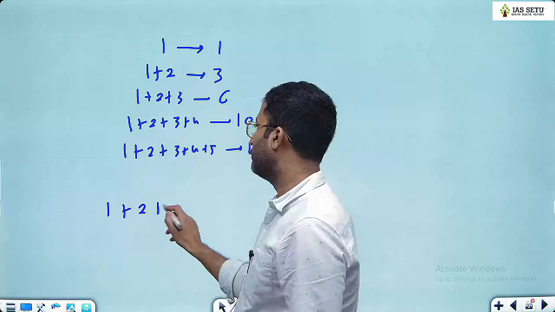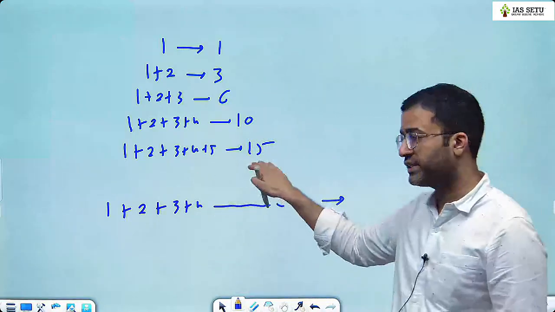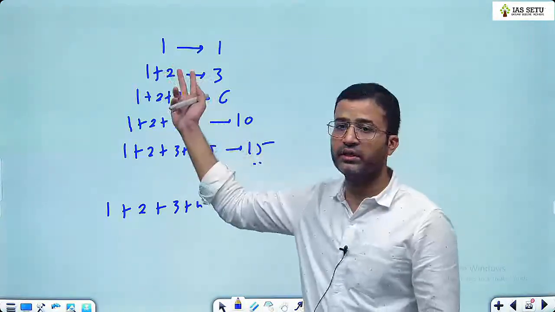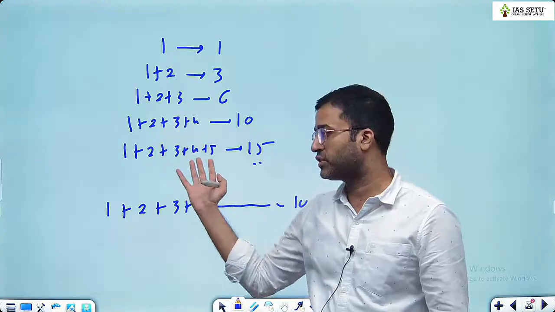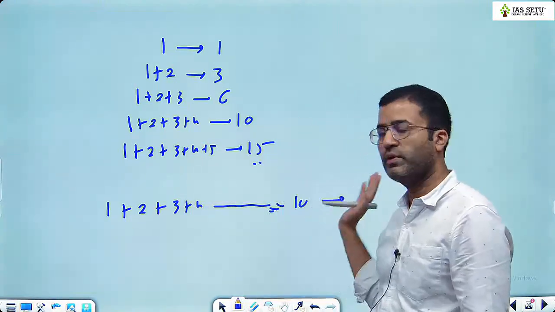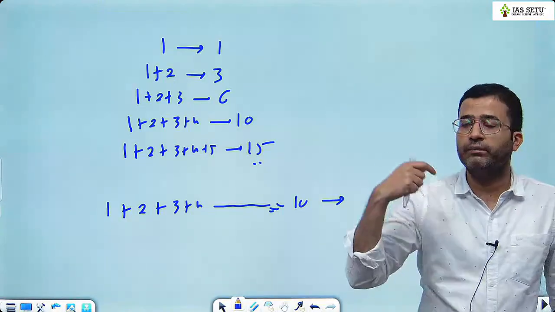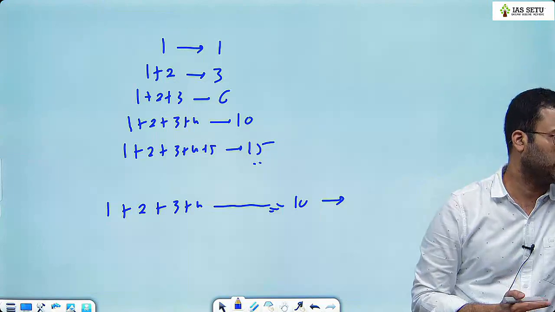Up to the first 10 natural numbers, then 6, then 7, then 8, then 9. Sum of the first natural number, sum of the first 2, first 3, first 4, first 5, first 6, first 7, first 8, first 9, up to 10. You mug up this table. It will help you in this topic, in number series topic, and in other topics also.